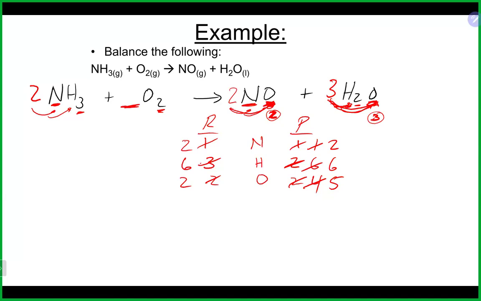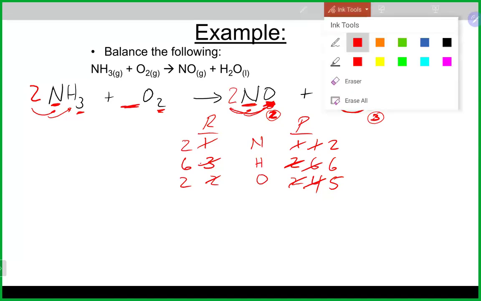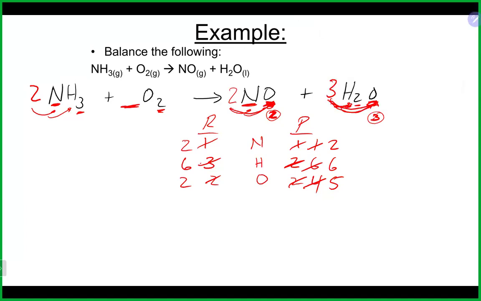In this case, we need that number on the left-hand side to become a 5 to match the 5 oxygens we have on the other side. In this particular case, one of the things that you can do is use a fraction, something like 5 divided by 2.